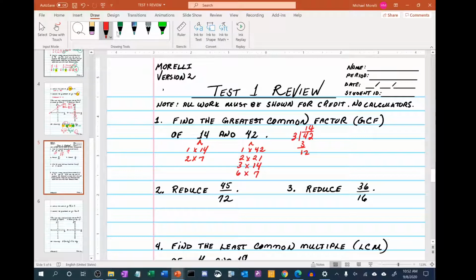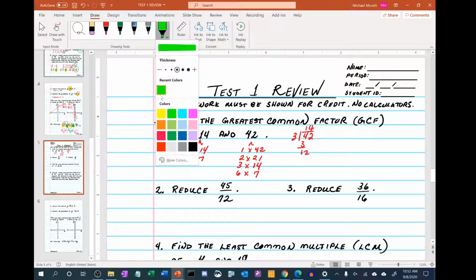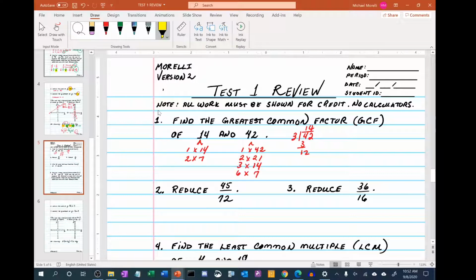What we're looking for is the greatest common factor. And the greatest common factor between 14 and 42 is 14. Okay?